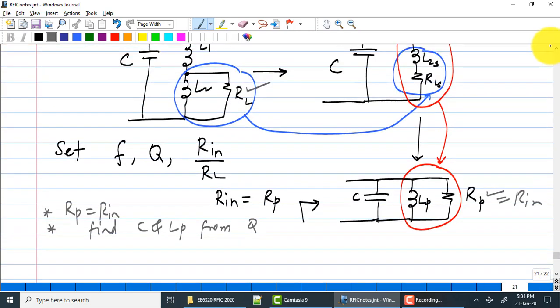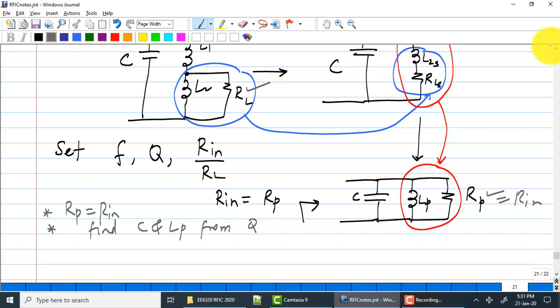So you need to find out C, L1, L2. When I say set F, these are the design parameters. Frequency of operation, Q and Rn by RL can be set through C, L1, L2.